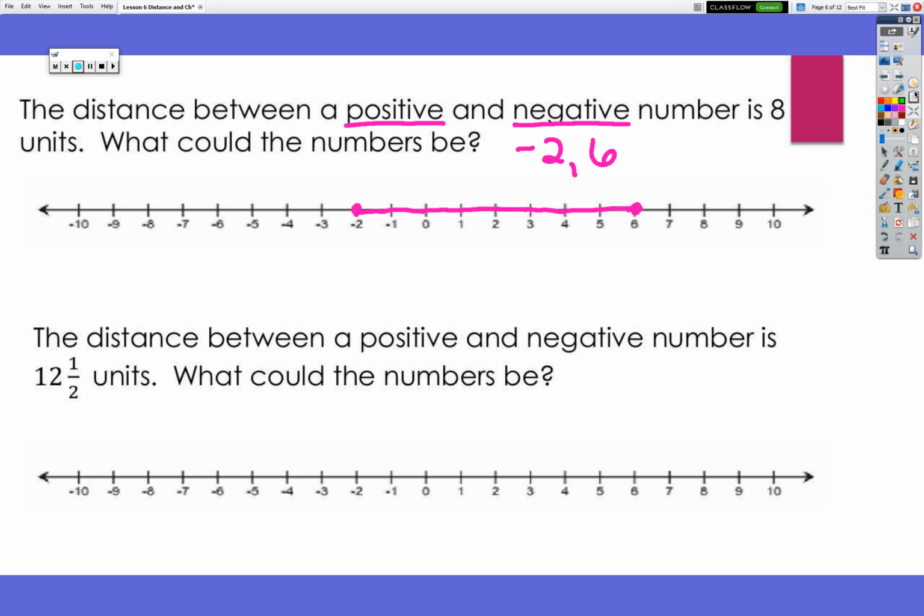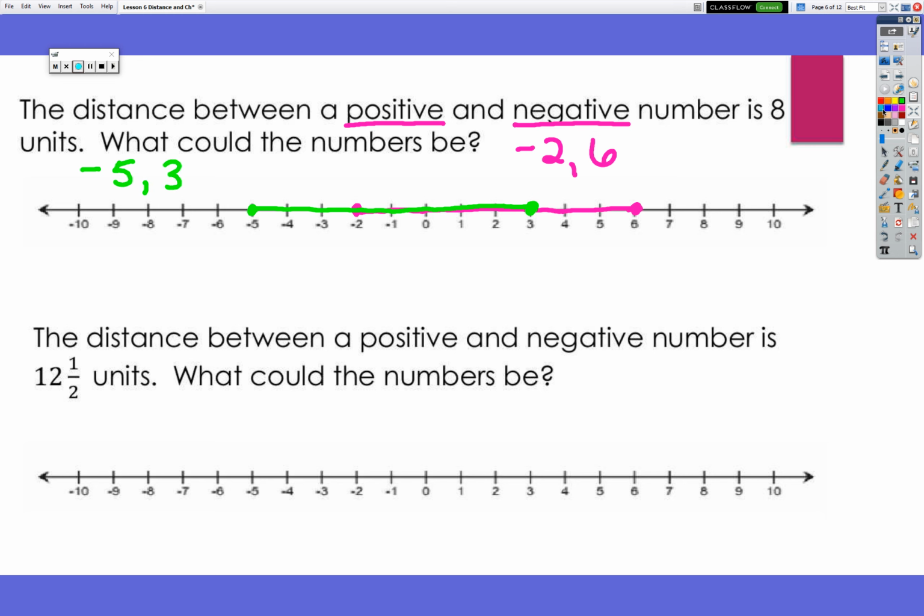Let's see if we were to start, how about at -5 this time? And we're going to count 1, 2, 3, 4, 5, 6, 7, 8. This time we end up at 3. So the distance between -5 and 3 is also 8 units.